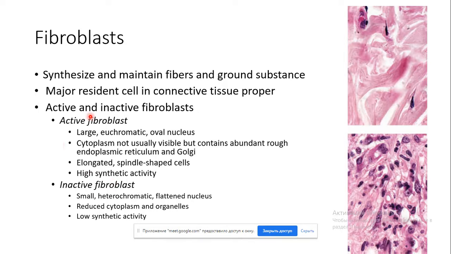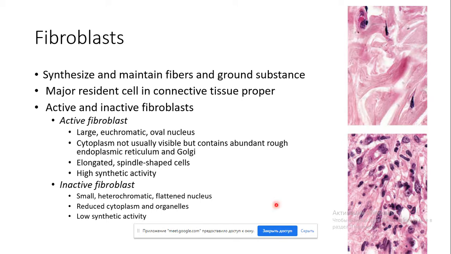Active fibroblasts are fibroblasts which are producing extracellular matrix. On this diagram, if possible, try to observe this typical active fibroblast. You see it possesses a very huge nucleus and basophilic cytoplasm. Basophilic cytoplasm means that this cytoplasm possesses a lot of ribosomes, and these ribosomes are responsible for synthesis of proteinous components.